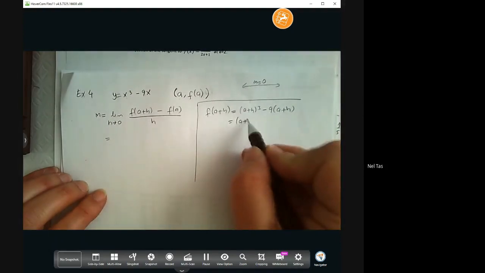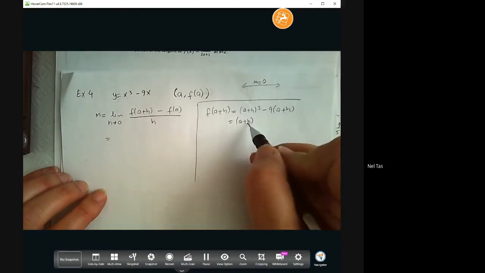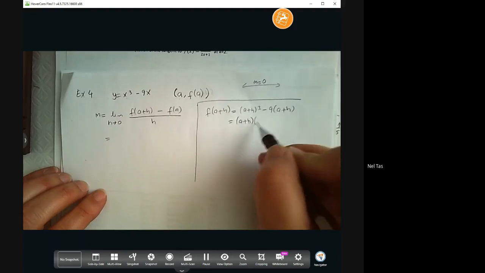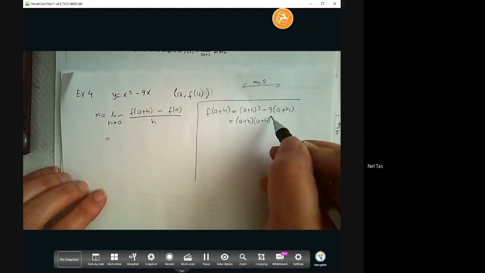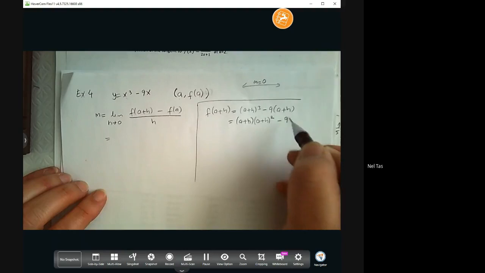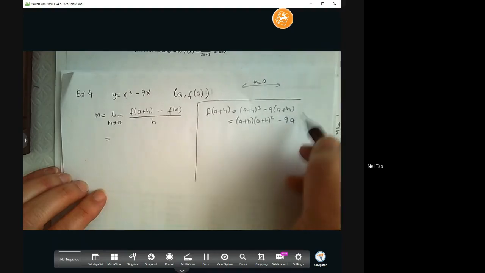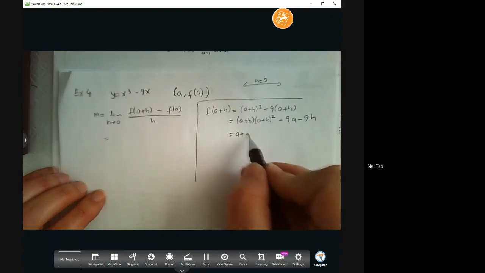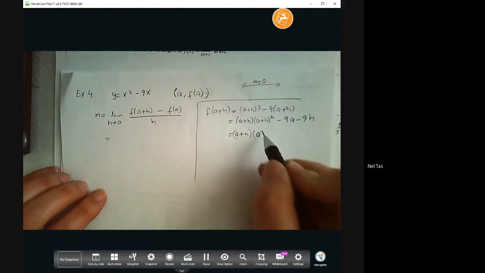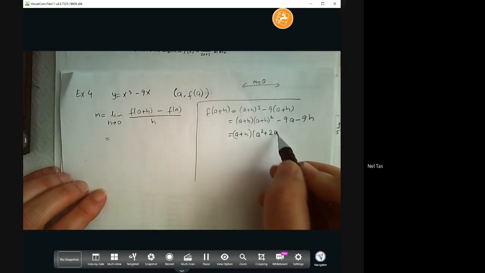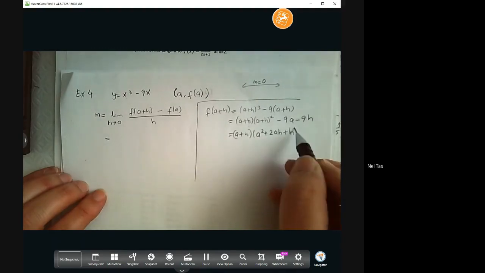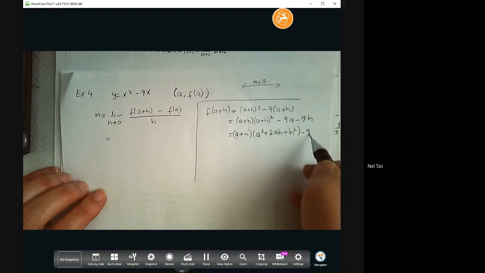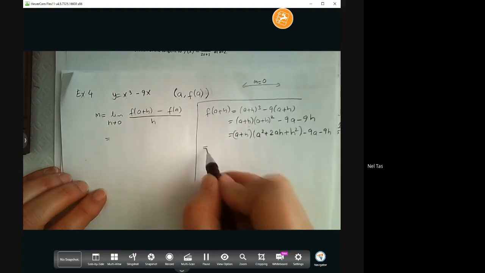So a plus h cubed, you can write it as a plus h times a plus h squared, minus 9a minus 9h here. Now expand this: a plus h times a squared plus 2ah plus h squared, minus 9a minus 9h.